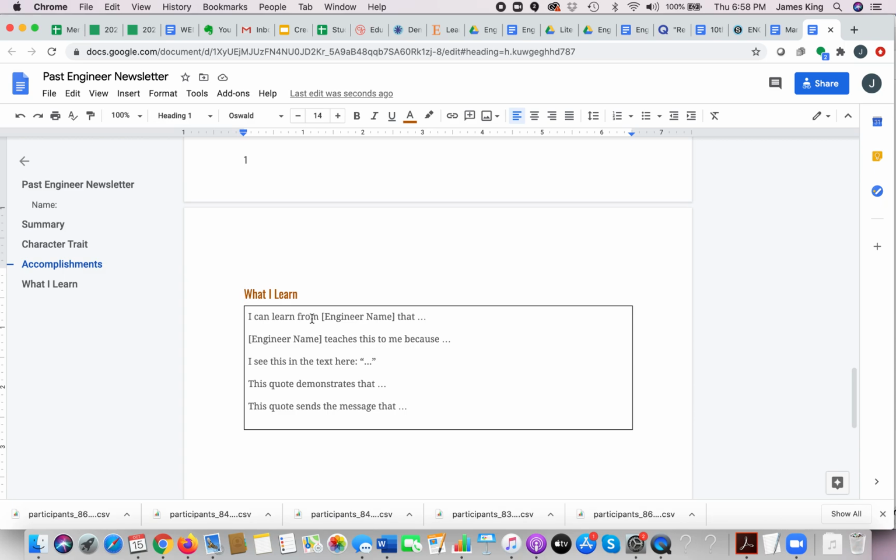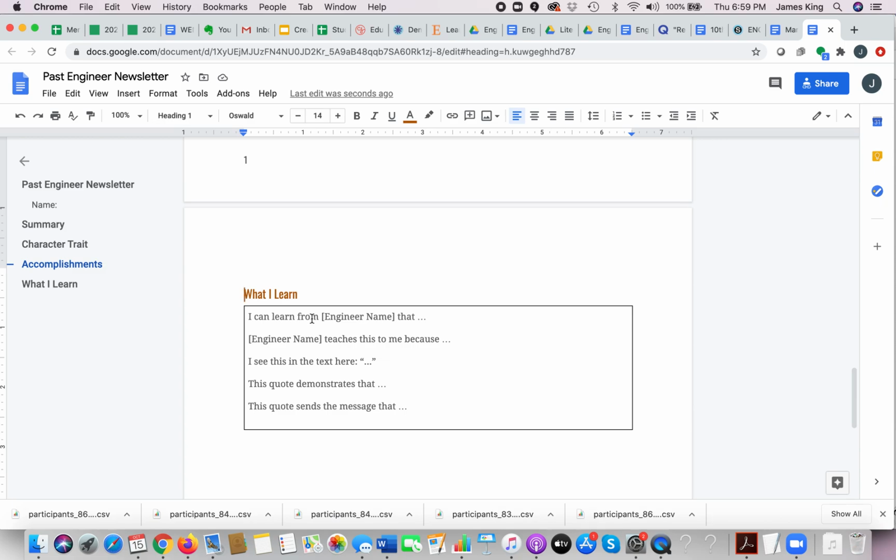For example, you might learn that even if I face obstacles, I shouldn't let them stop me from doing what I want or what I am curious about. You might learn from her that if you have an idea of how to help a whole lot of people, you should do it, even if it's hard.